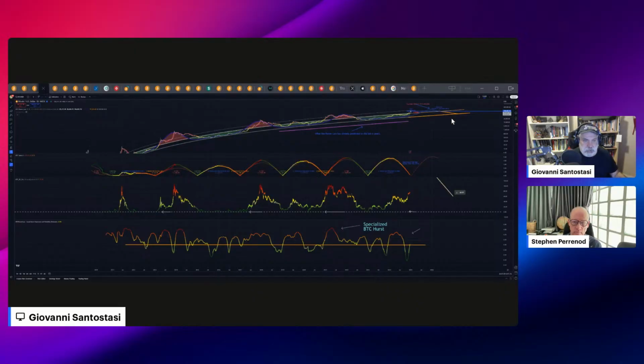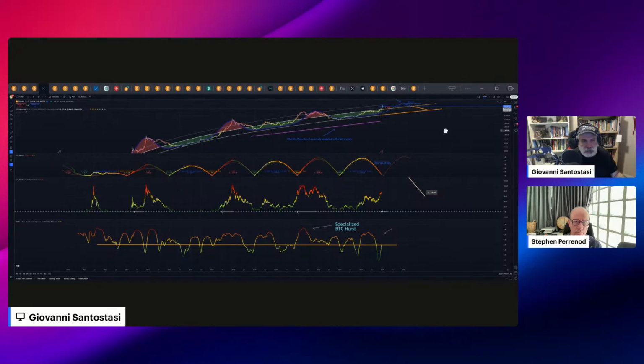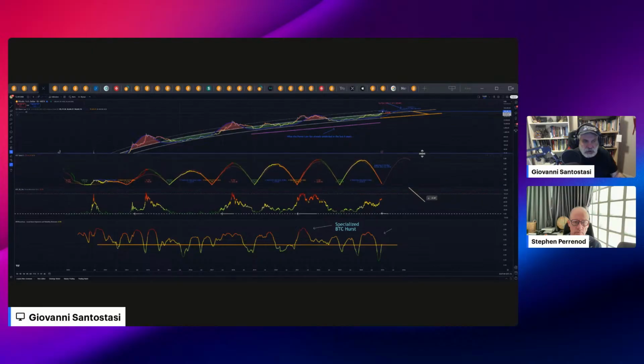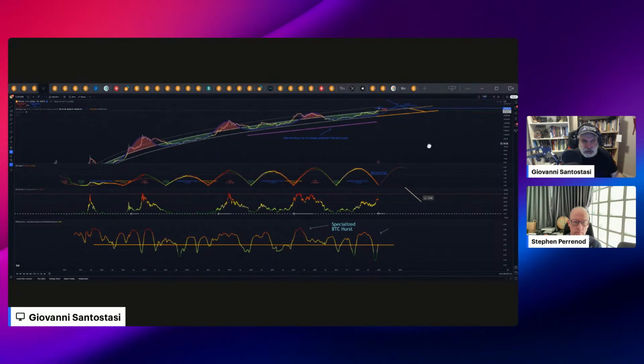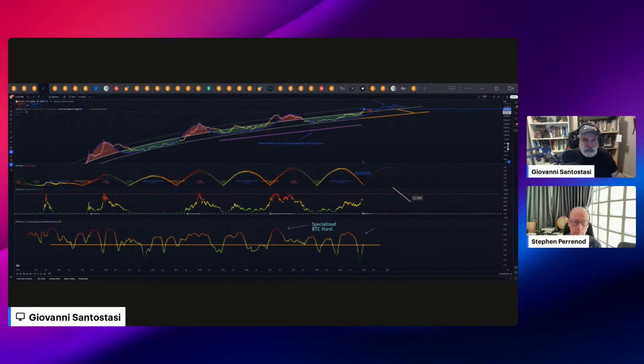Most people are familiar, but basically the idea is that Bitcoin price follows a power law. A power law is a simple relationship where you have Y, in this case the price, versus another quantity, in this case time, raised to a power.